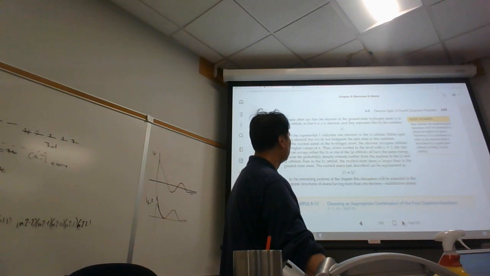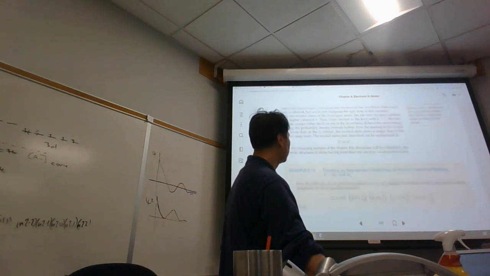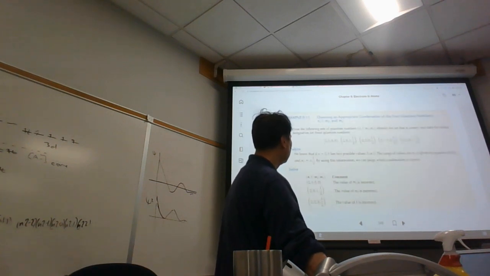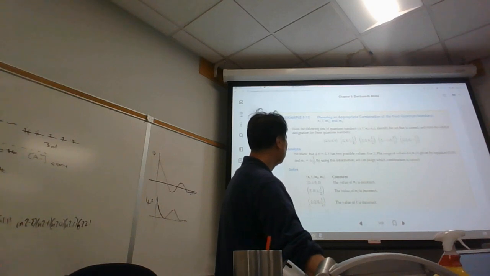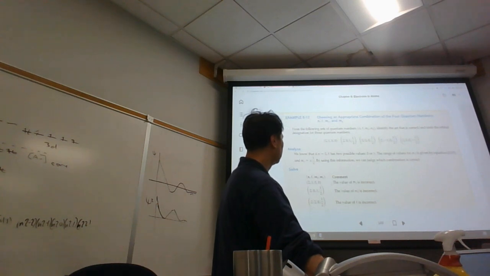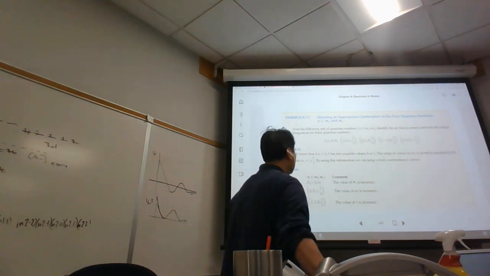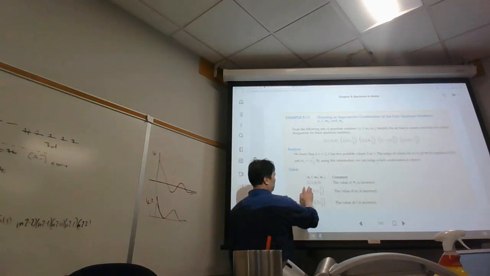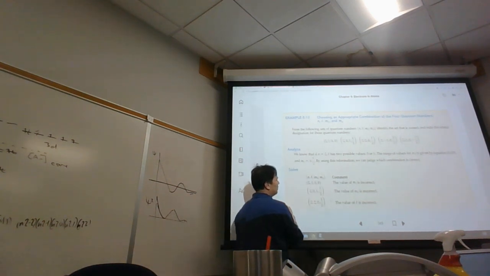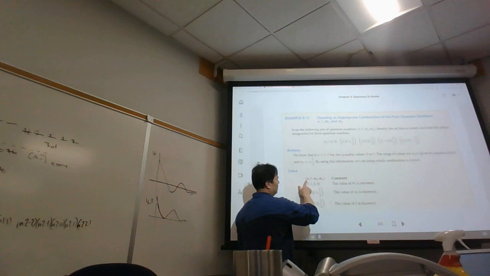There are only 2 spin states, plus 1/2, minus 1/2. Why those values? It's because of the algebra. Basically we get an algebraic equation from the Schrodinger equation, and it's the algebra there. Now, different books use different labels. N, L are pretty standard.